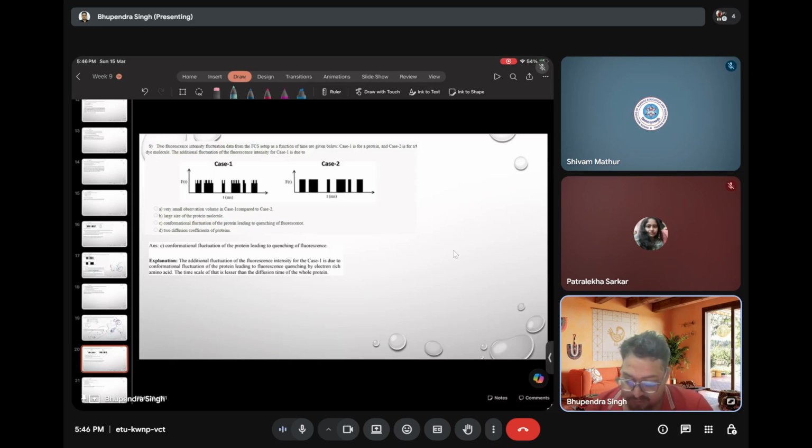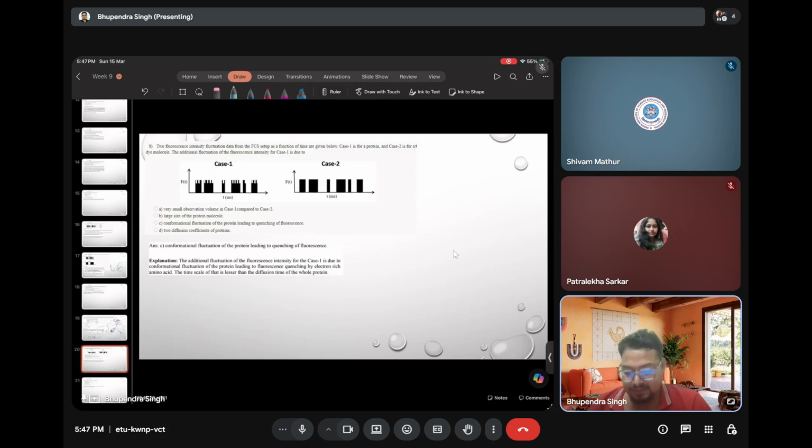Very small observation volume in case 1 compared to case 2, that is not correct. Large size of the protein molecule, that is also not correct. Conformational fluctuation of the protein leading to quenching of the fluorescence.